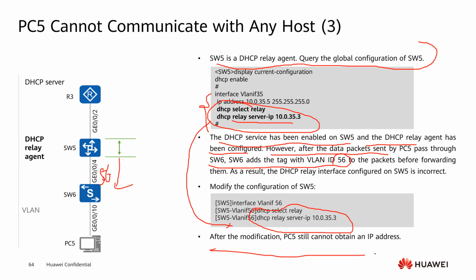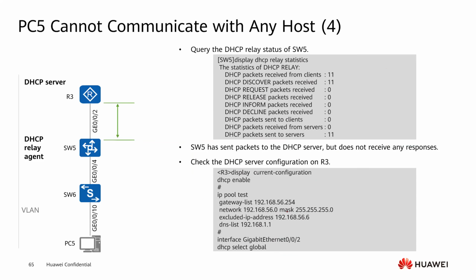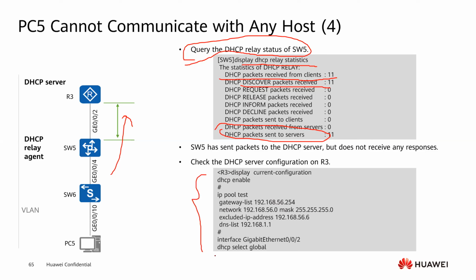After the command here, PC5 still can't obtain an address. Then we query the DHCP relay status of SW5 with display dhcp relay statistics. You can see the DHCP packet received from client is Discover 11 and sent to server 11. It means in this direction the packet is not lost. Then we check R3.